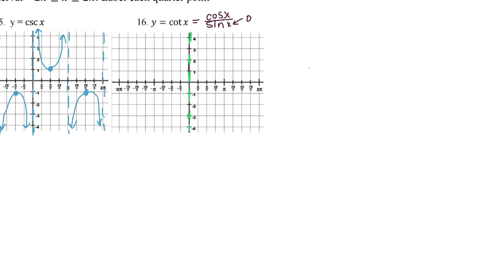Well, at pi over 2, cosine is 0, but sine is 1. So 0 over 1 is 0. And then at pi, that's where sine is 0 again. So we're going to have an asymptote. Here we're going to have another 0 because that's where cosine is 0, but sine is negative 1. And then at 2 pi.